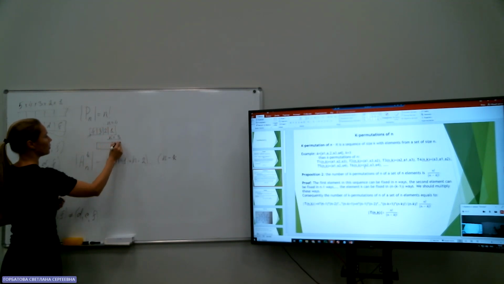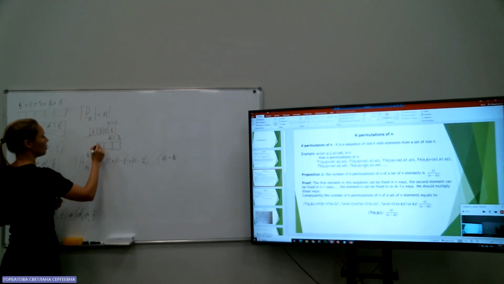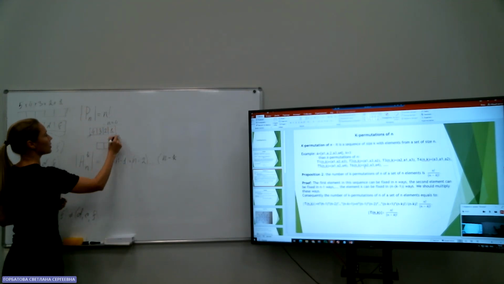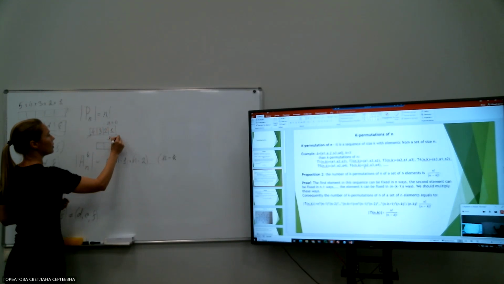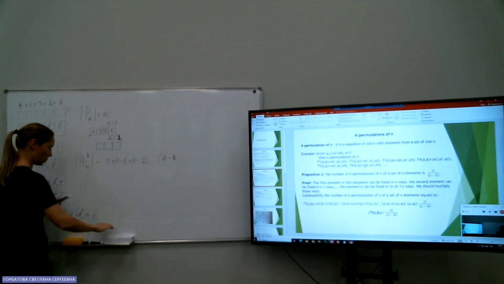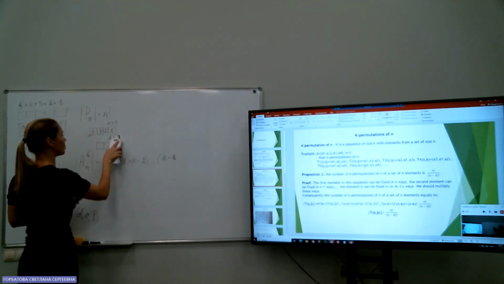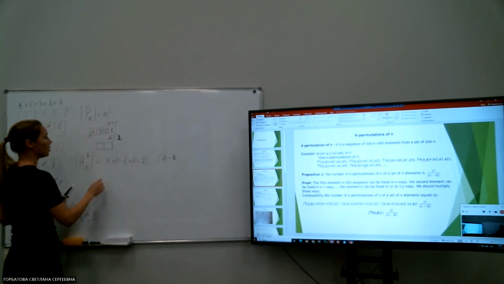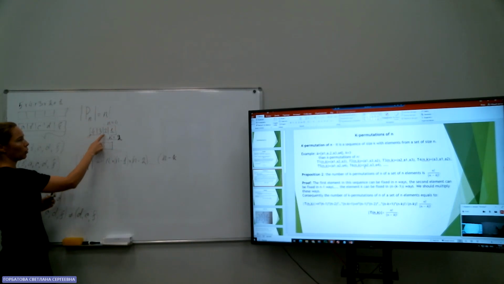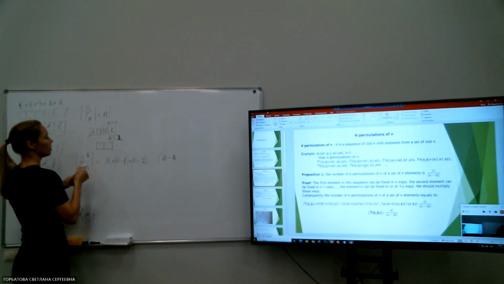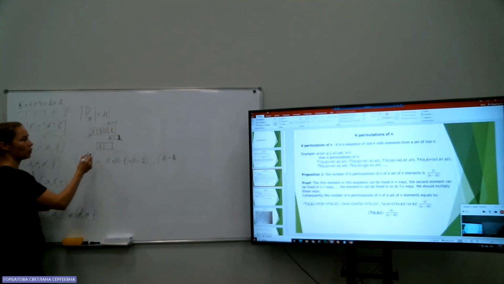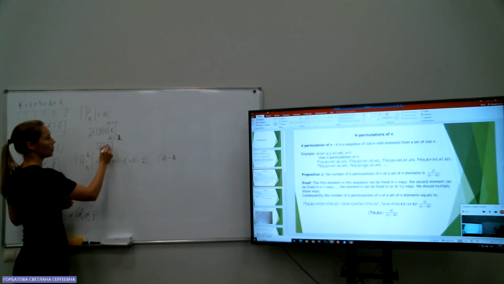Okay, if k will be 2 boxes, so it will be what? 2, 1. Here must be one of these 4 elements, yes, 4 variables, multiplied by 3.